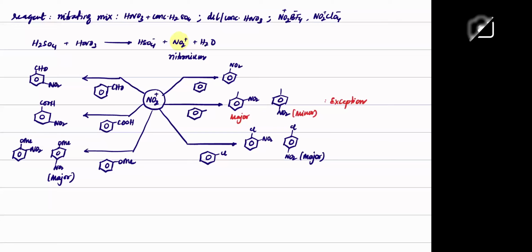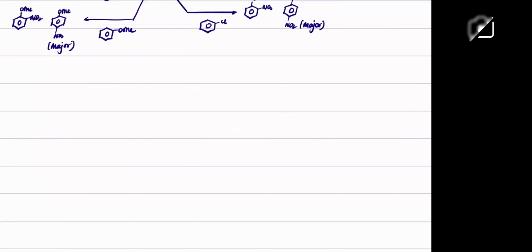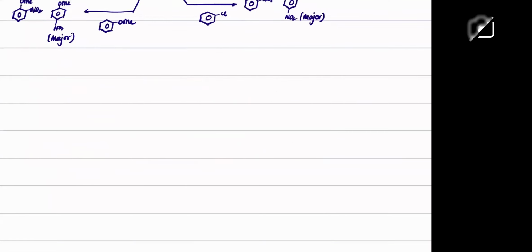Now, the exception that usually happens in nitration is with aniline. This is again an important exception. In the case of aniline, when you are using concentrated HNO3 in the presence of concentrated H2SO4, although it is supposed to be ortho and para directing, so this is what you should get, ortho and para.